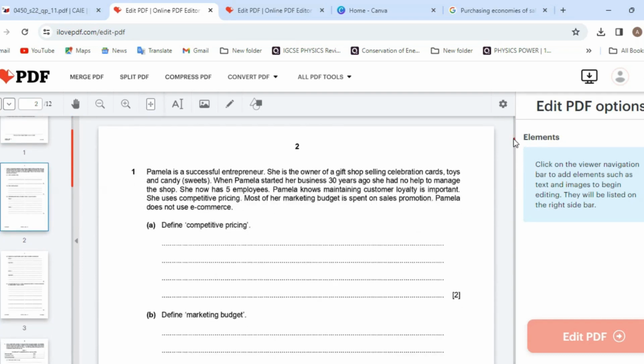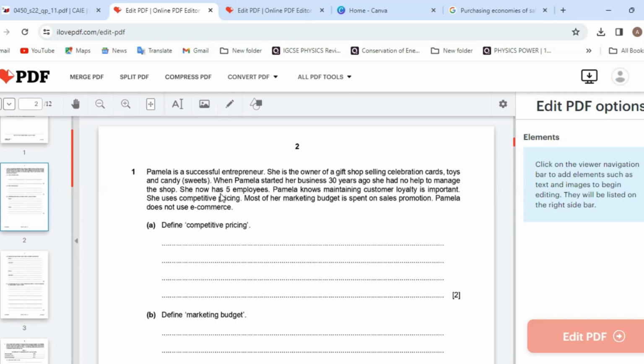Now let's see what we have inside this question. Okay, we have our question 1 here. Let's quickly read through this appendix. Pamela is a successful entrepreneur. She's the owner of a gift shop selling celebration cards, toys, and candy sweets. When Pamela started her business 30 years ago, she had no help to manage the shop.